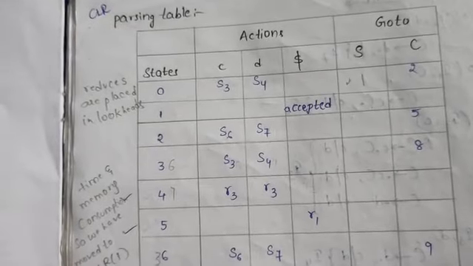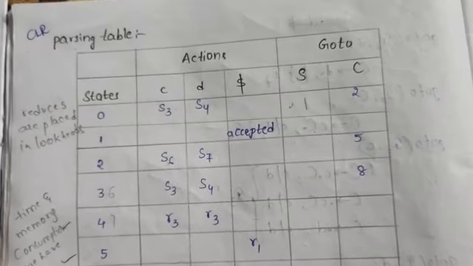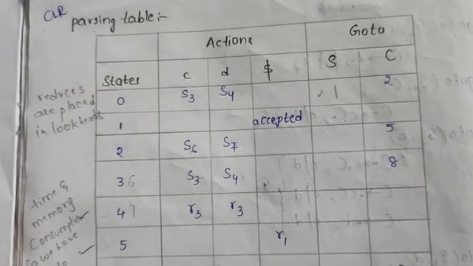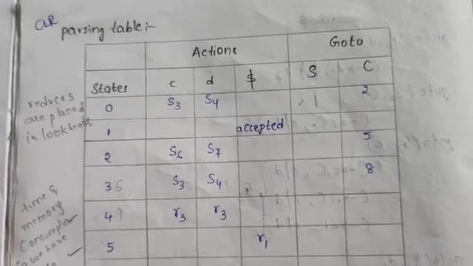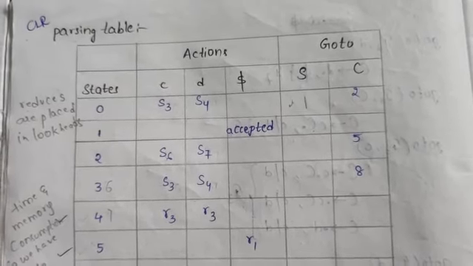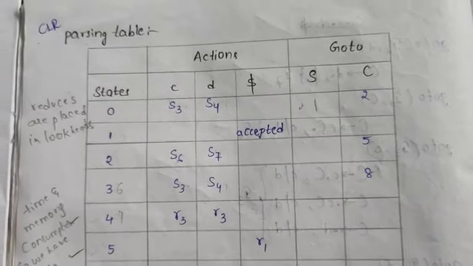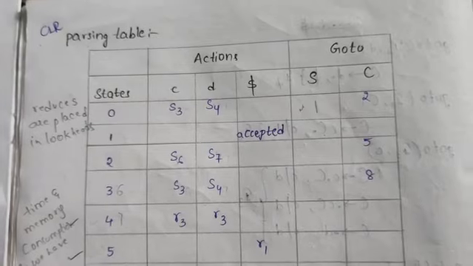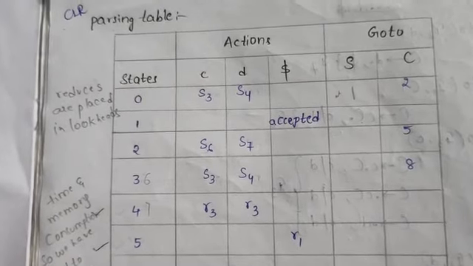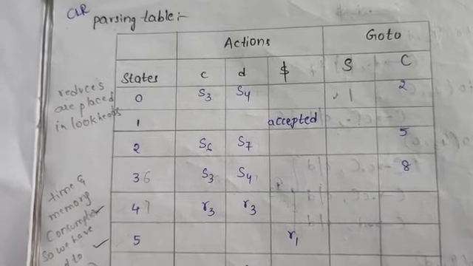So in the table, the first column will maintain all states. In the action part we place only terminals, and in the go to part we place non-terminals. Here in our production only two non-terminals are there: capital S and capital C. And only two terminals are there: small c and small d.